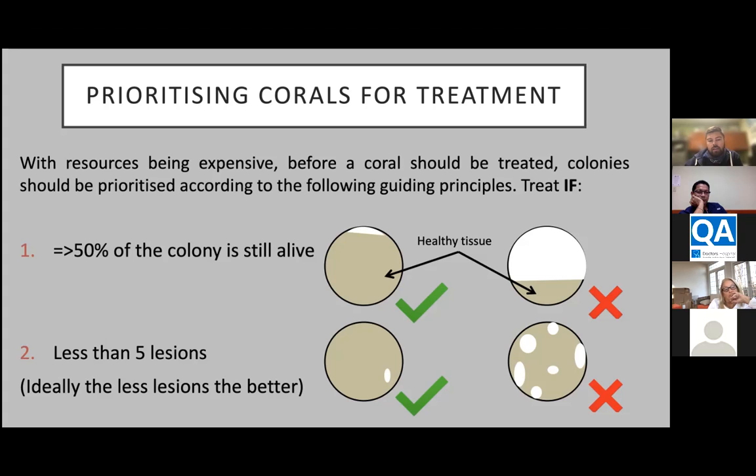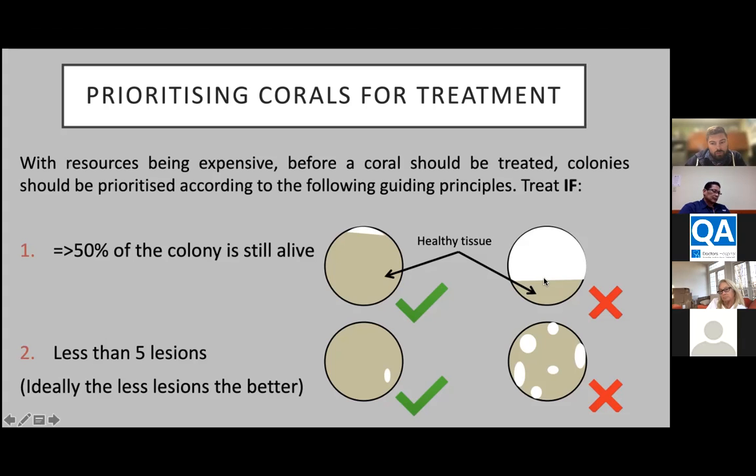But if not, if the area is vast and there's hundreds of corals that need treating, then we do normally have a list of corals that we are highly susceptible and do need a lot of treatments. But when we're actually coming up to the coral itself, we want to be assessing it on two factors. One of them is if 50% of the colony is still alive.